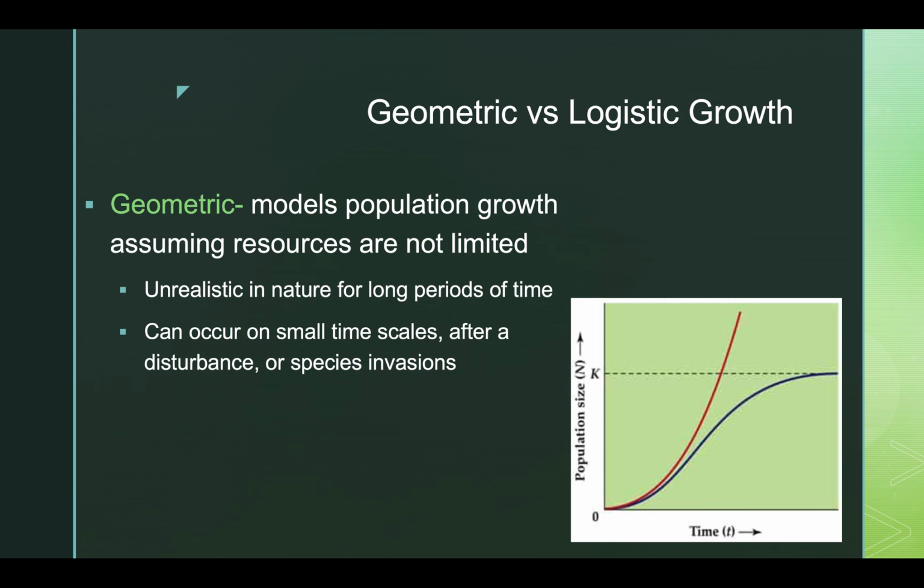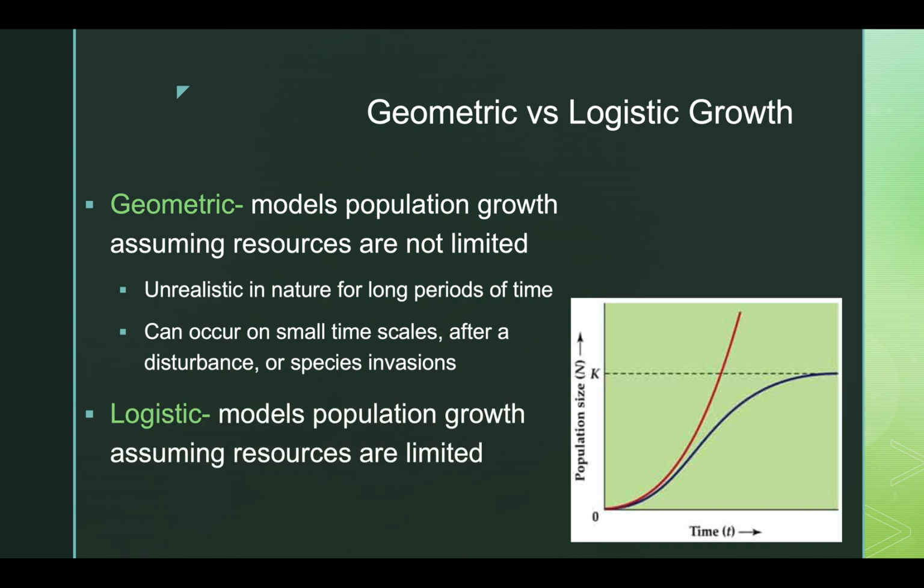So if we're looking at short periods of time, you might be able to see this sort of exponential growth after disturbance or species invasions, which is another way of saying something disrupts the natural structure of the environment, allowing one species to take advantage of that situation and just skyrocket their population.